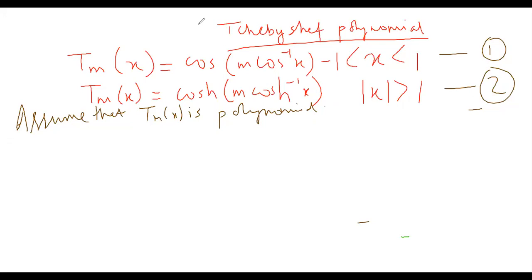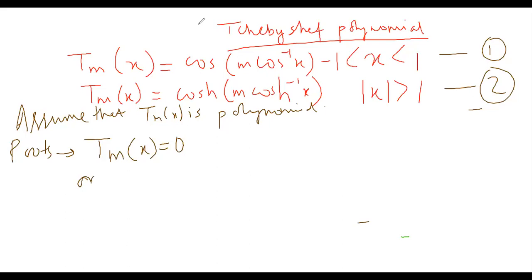I will tell you. Okay. So how can you find the roots of the polynomial? Roots of the polynomial can be found by setting Tm(x) equal to 0. Simple.